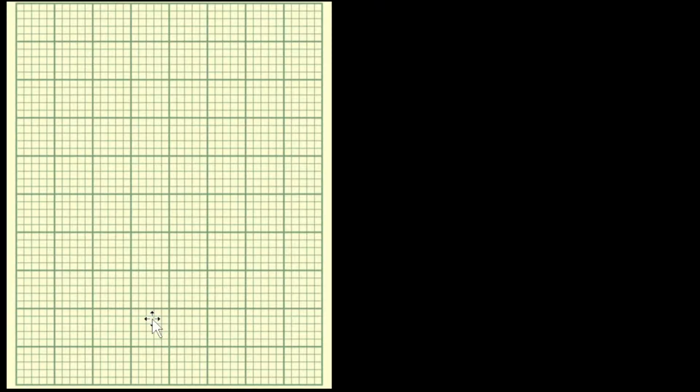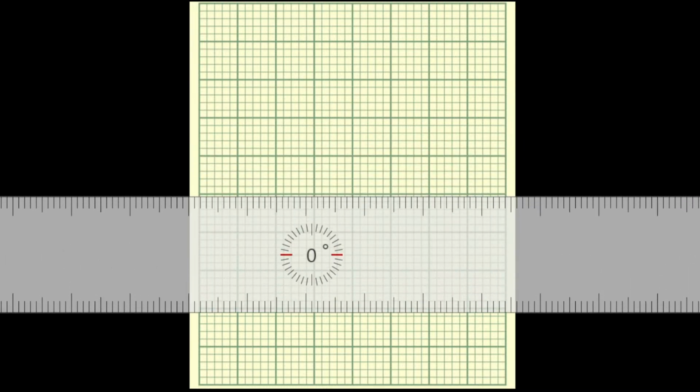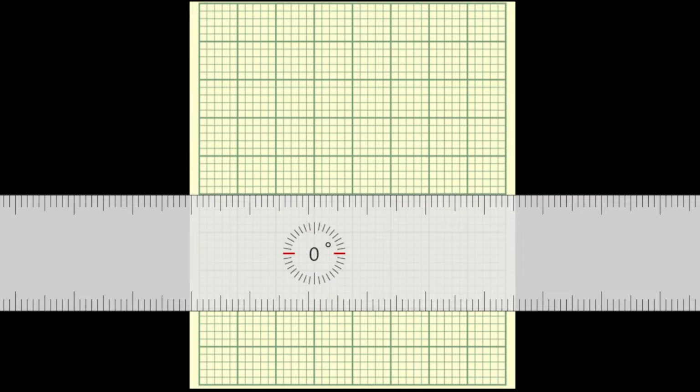Okay, so let me prepare the graph first. And don't forget to write the graph scale.